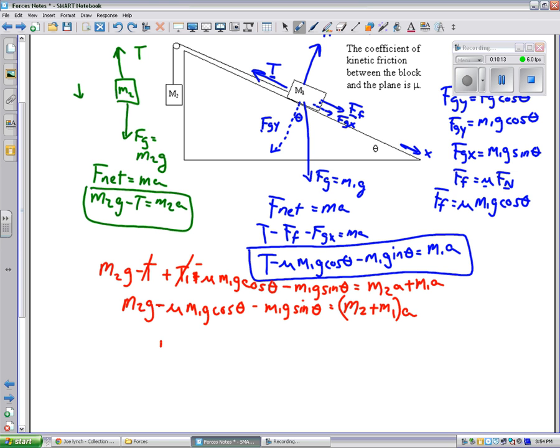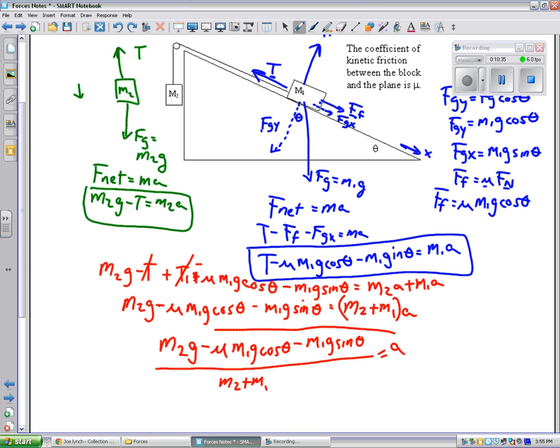So my final answer is M2G minus mu M1G cos theta minus M1G sine theta, divided by M2 plus M1, and that's equal to the acceleration. So that mass is the answer.